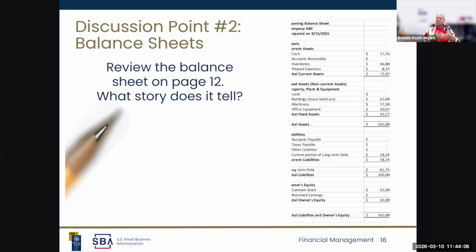And what is it that the business is doing that keeps that money in there, that increases the value of the business? If you have a business that has stock, stock becomes part of that owner equity. If you have a business that doesn't have stock, then you don't have that on there.